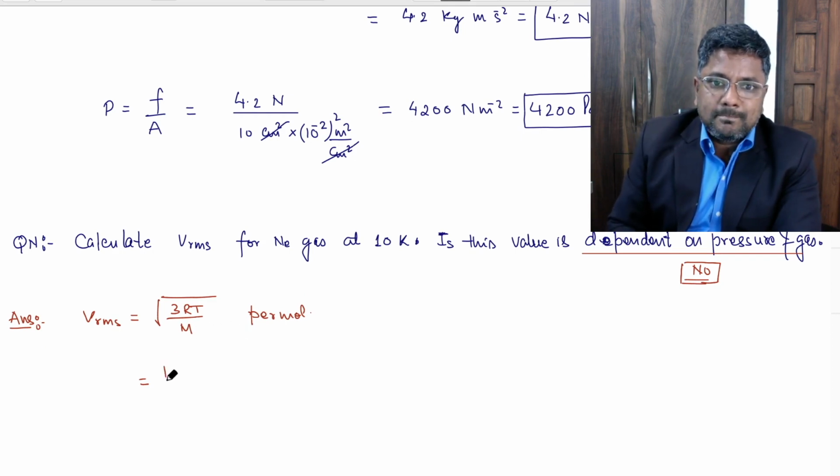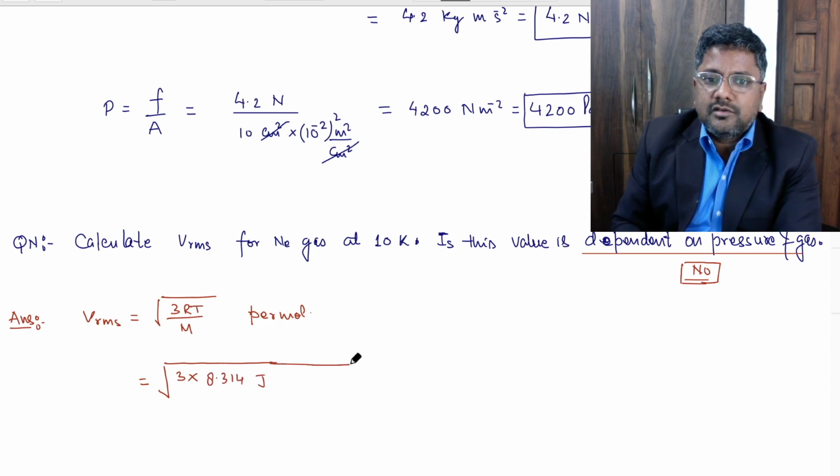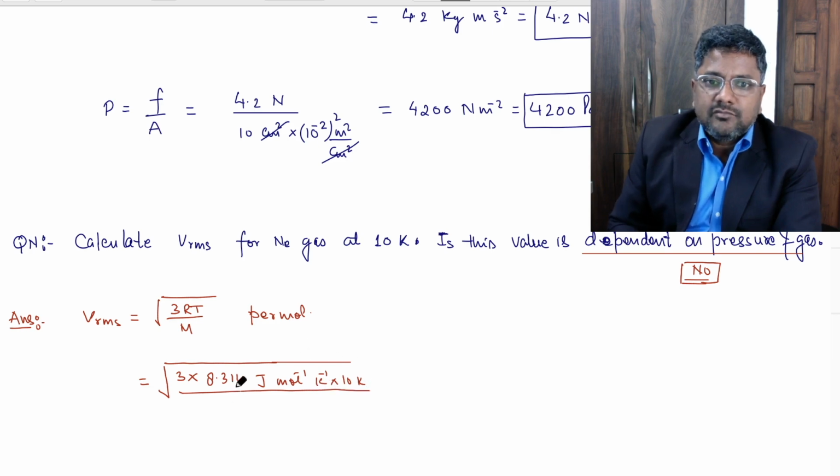See, 3 into the value of R, which is 8.314 joules per mole per degree Kelvin, into 10 Kelvin, divided by the molar mass of neon.